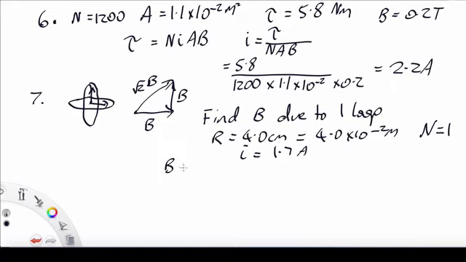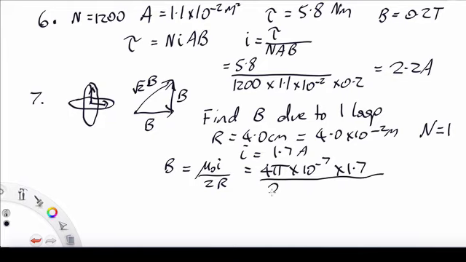So B, which is mu naught I over 2R, will be 4 pi by 10 to the minus 7 times 1.7 over 2 times 4 by 10 to the minus 2. And that gives us 2.7 by 10 to the minus 5 Tesla.